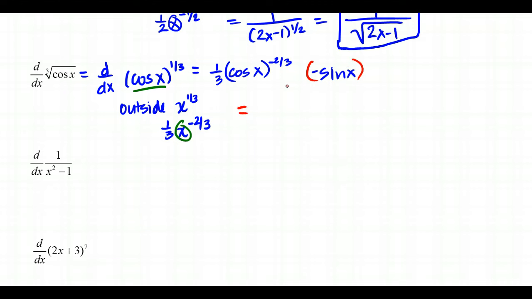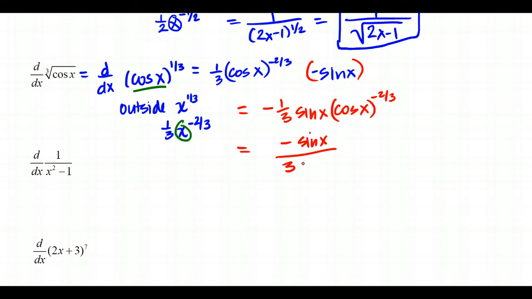And when we continue to simplify this, we write this as negative 1/3 sine x times cosine x as a quantity to the negative 2/3, or I can leave the sine x in the numerator, and then put the 3 in the denominator and turn this into cosine x to the positive 2/3. So I could do that as well.